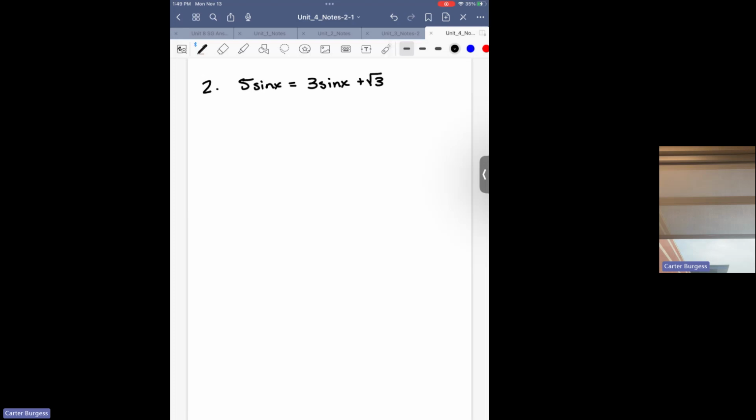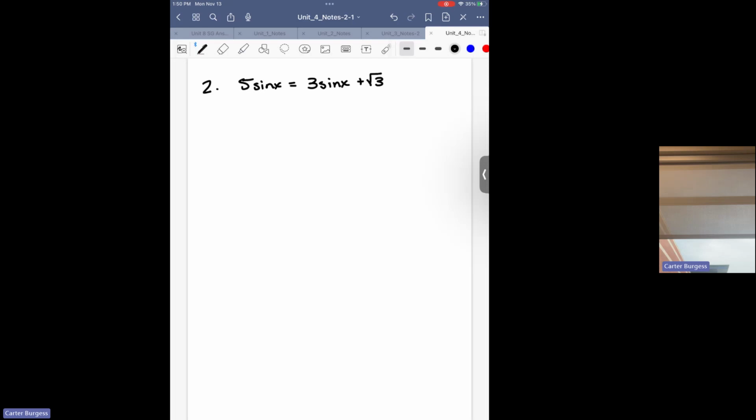So we could do that. This is wrong. So remember when we're isolating something, we want all of the variable that we're trying to isolate on one side and all of the other stuff on the other side. So you could do this, and then you could move the non-sine stuff over to the other side, and that's okay. That will work. But there's a more efficient way to do it.